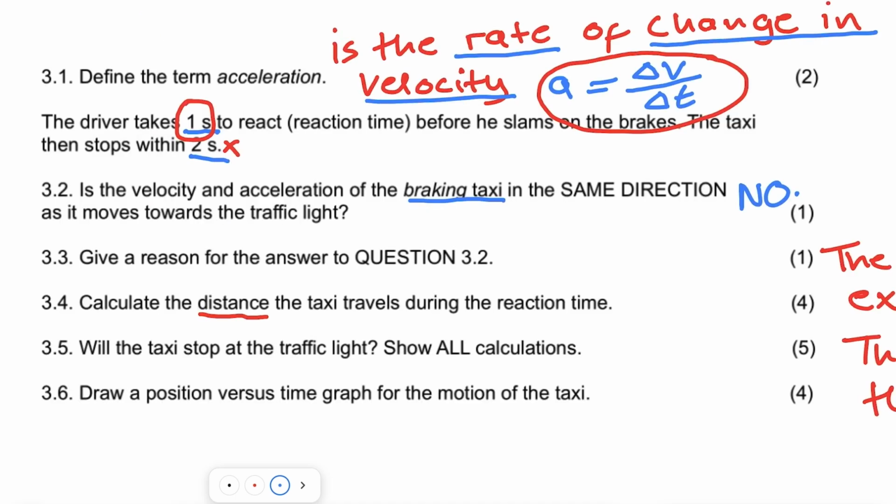Now, in our question, notice that they said they are looking for distance, not displacement. Therefore, we are only going to put the magnitude and not the direction of the displacement.